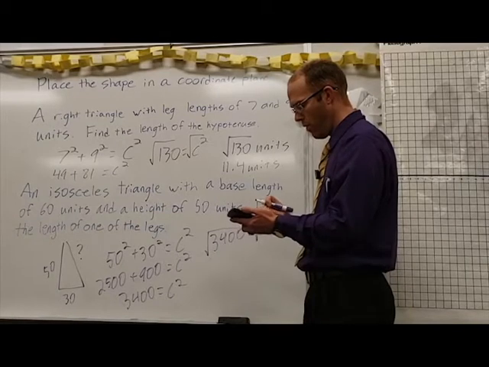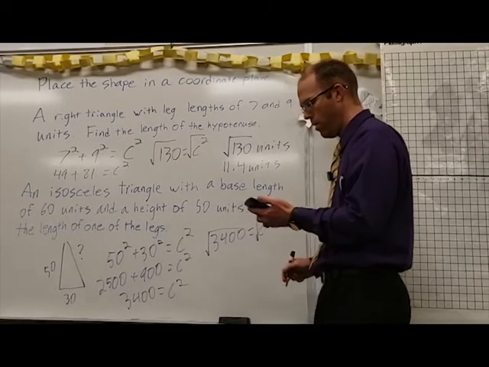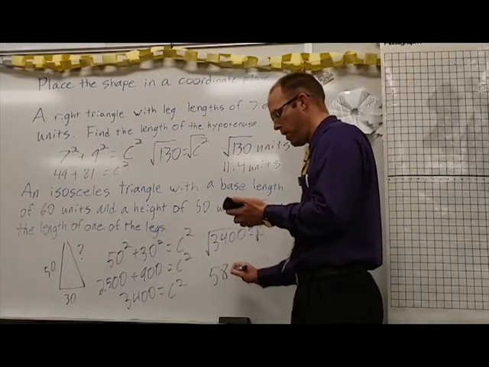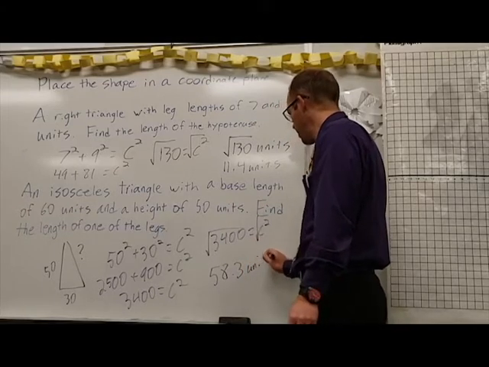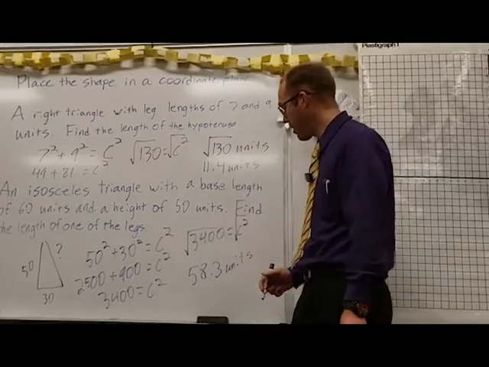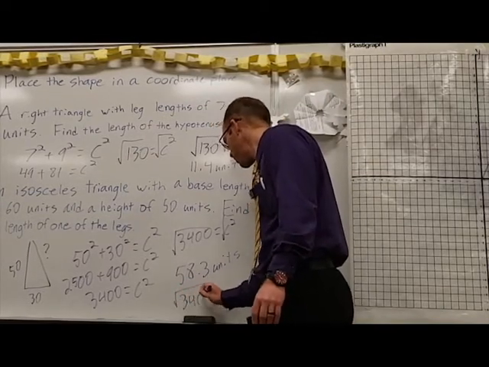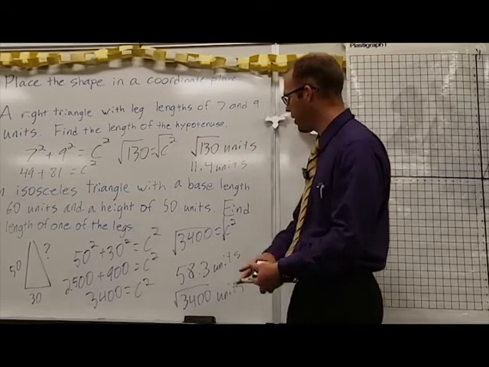So the square root of 3,400 is, again, not a nice number. We approximate that with 58.3 units. Or if it asks for the exact value, we're going to leave it as the square root of 3,400 units. And we have figured out the length of the leg.